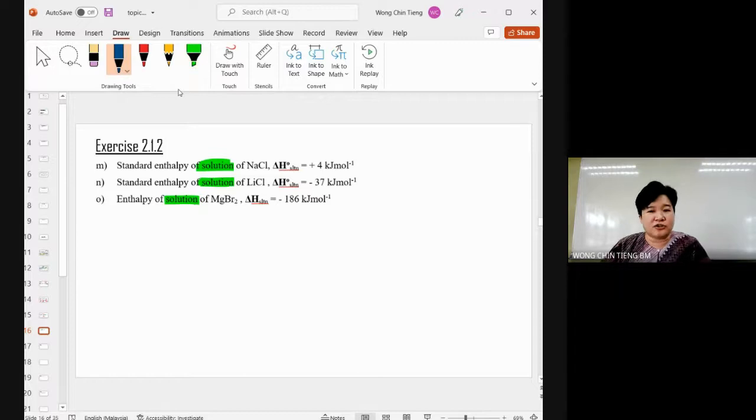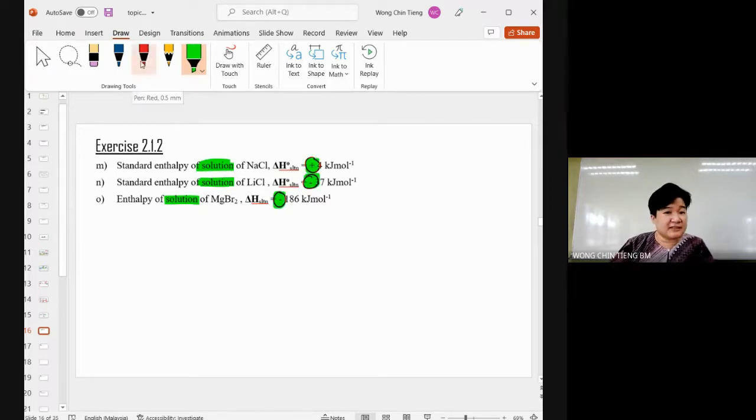Okay. Solution can be positive, can be negative. Take a look. This is where I will ask more about who is stable and who is not stable later. So going to your M, nothing to it.